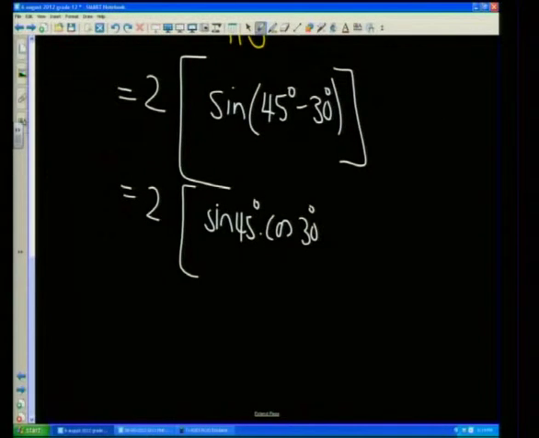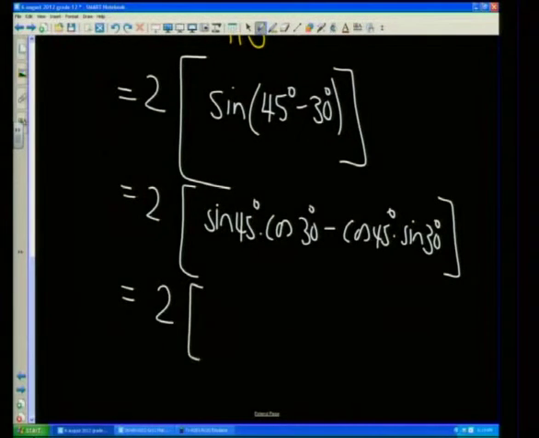And then we've got 2 into, what is sine of 45? It's root 2 over 2 times cos 30, that is root 3 over 2. So we get minus root 2 over 2, and sine 30 is just a half.